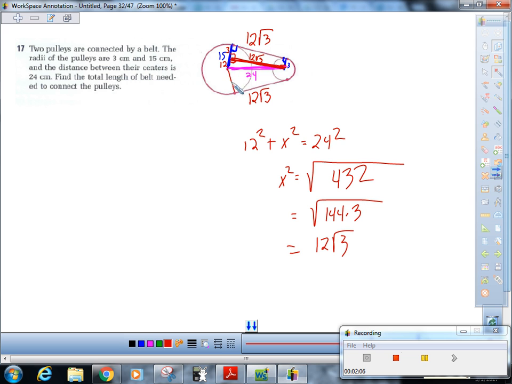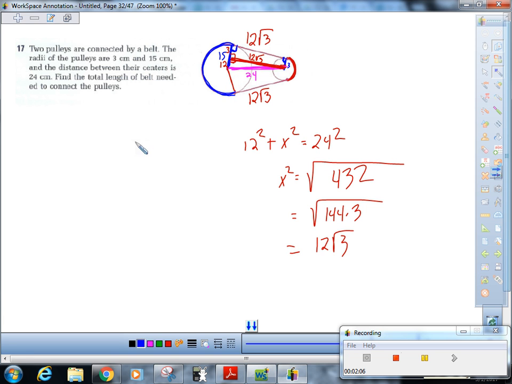So now our new goal is to find this little part of the conveyor belt on the pulleys and that big part of the pulleys. So let me think for a second. We now know that since this is a 30, 60, 90 triangle, what's this angle right here?